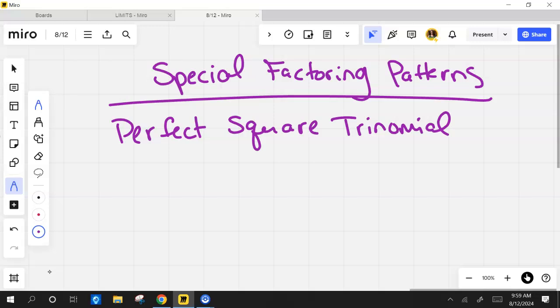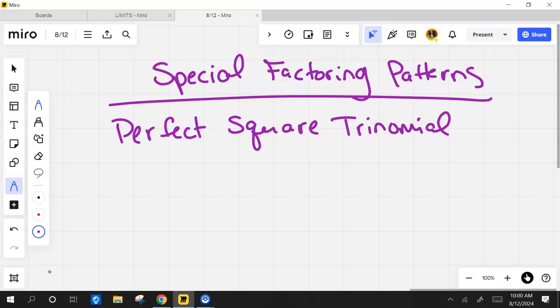Give me some examples of perfect squares. 9, 16. Give me some variables in there. 81x squared, right? What times itself twice gives you 81x squared? 9x, okay? You see where we're going with this? All right, so that's what perfect square means.